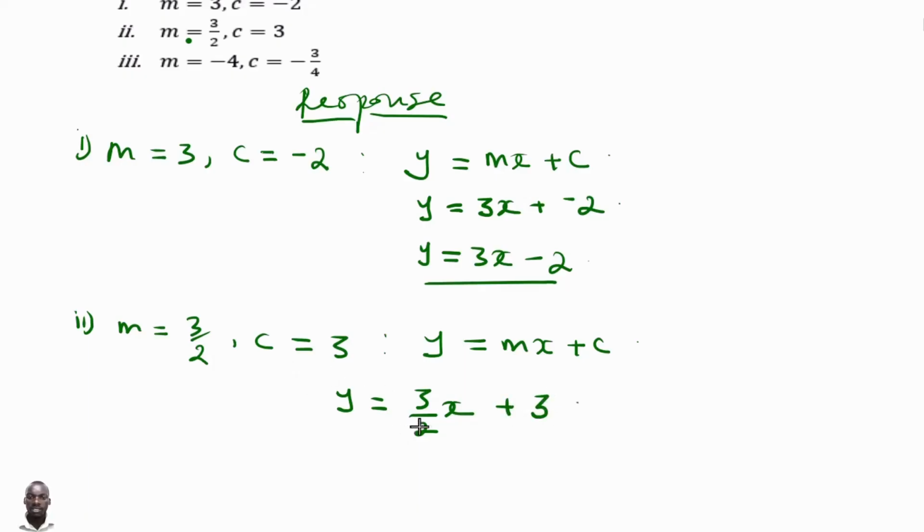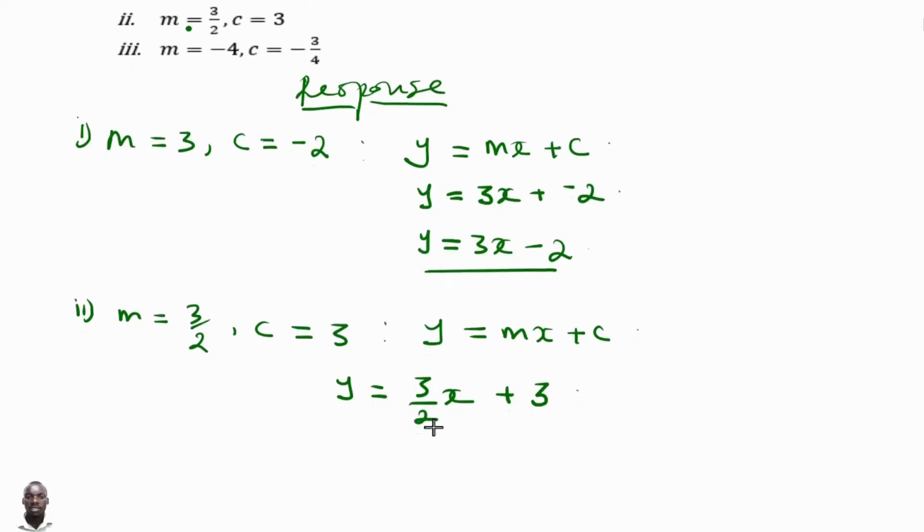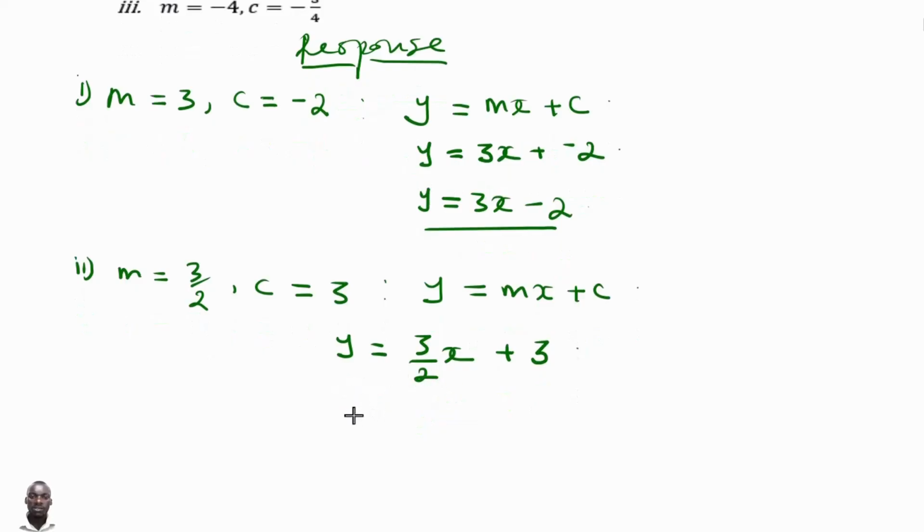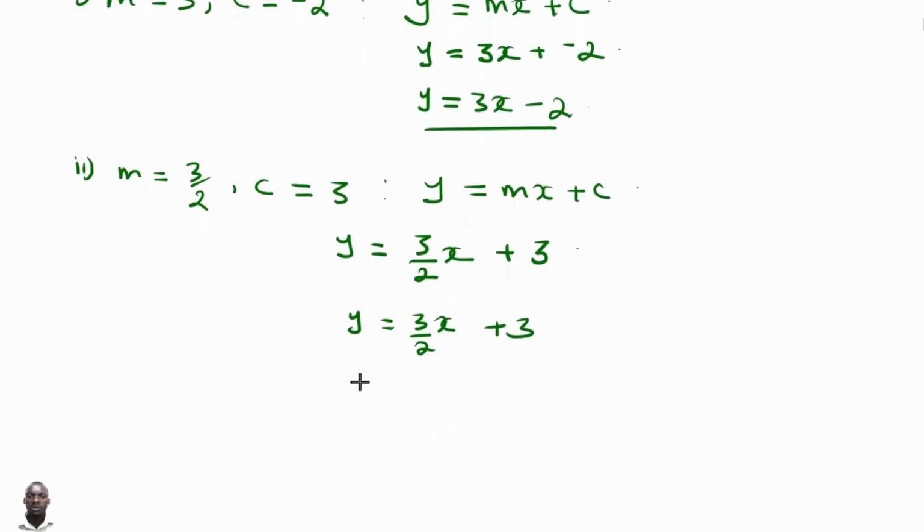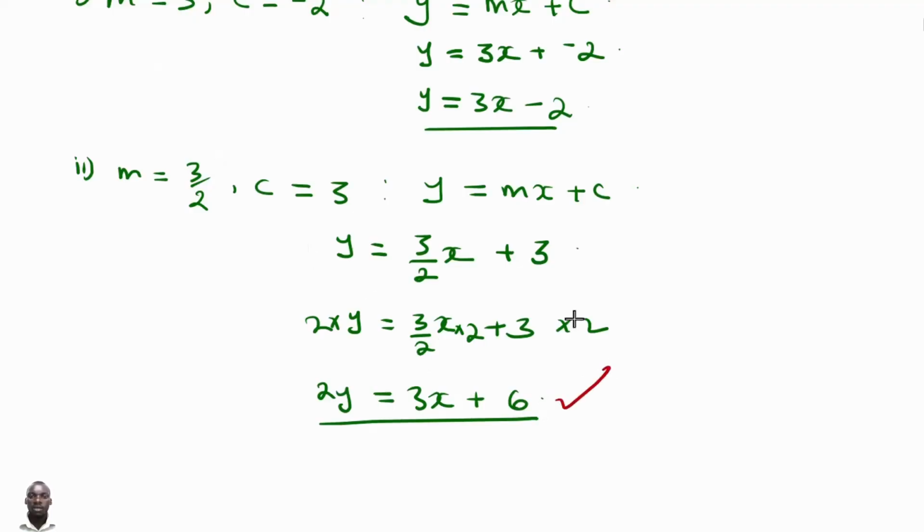We can leave it at this stage, or we can eliminate the denominator by multiplying through by 2, so that we have 2y equals 3x plus 6. This is correct, and when left at the earlier step, it is also correct.